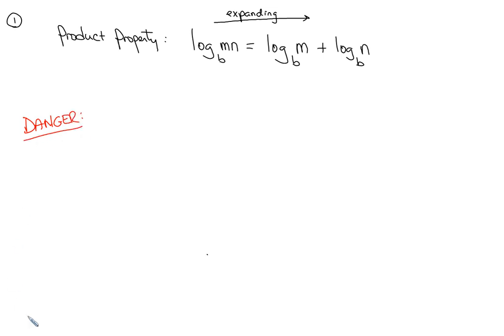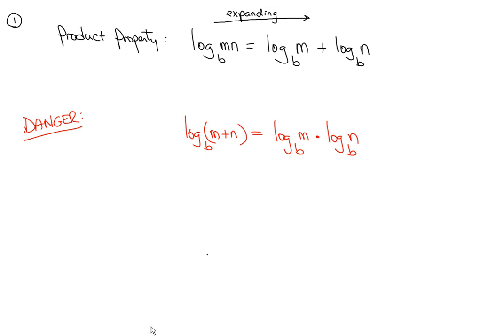So let's say I don't study this property. I just remember, oh, 1 log, 2 logs, multiplication, addition. So that must mean that log base b of m plus n becomes log base b of m times log base b of n, right? 1 log becomes 2, addition changes to multiplication.